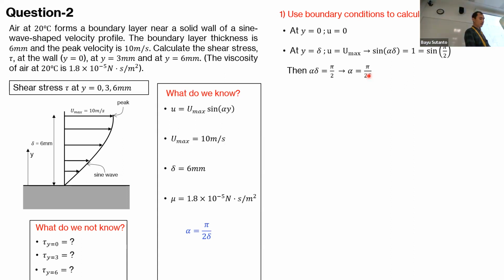And we input this into our cases. The second one in our cases is this one: our function is 0 at y equal to 0 and maximum at y equal to delta, where delta is 6 millimeter. So this case is equal with this case.